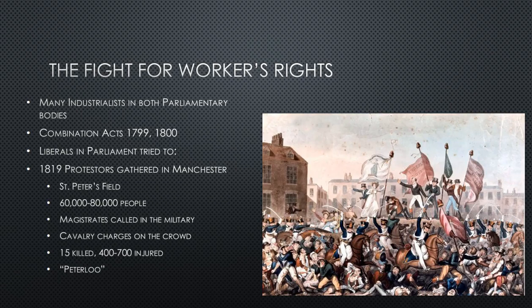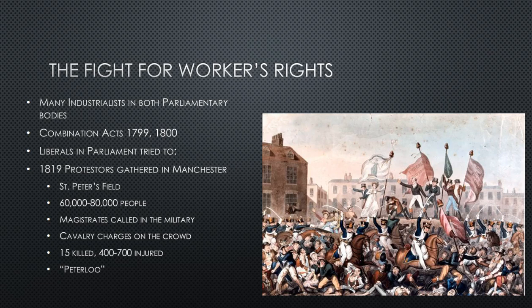A pivotal event happened in 1819 in the city of Manchester. We mentioned it a couple of times. Manchester is really one of the major, if not the major, industrial cities in England during the Industrial Revolution. It's up in the northwest of England.